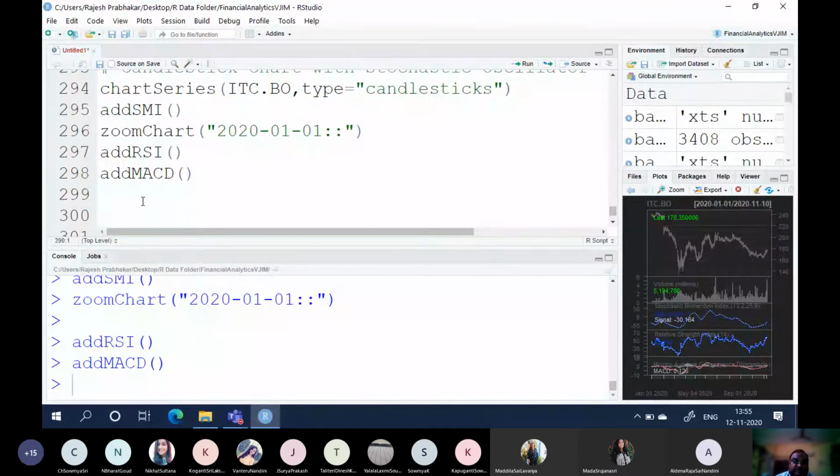So do the same analysis for Reliance. I think we have downloaded Reliance data yesterday, right? Or sorry, not Reliance, Bajaj Finance. So Bajaj Finance: SMI, RSI, and MACD.